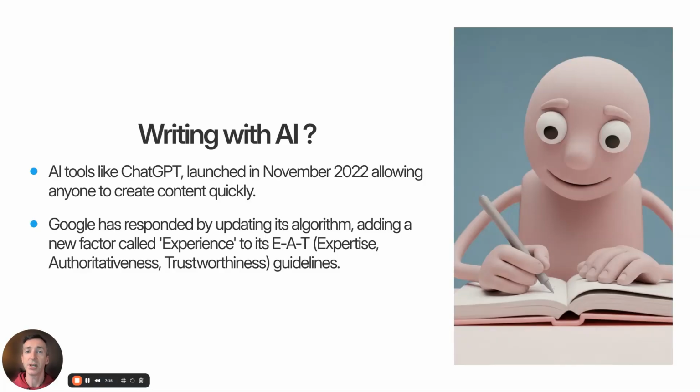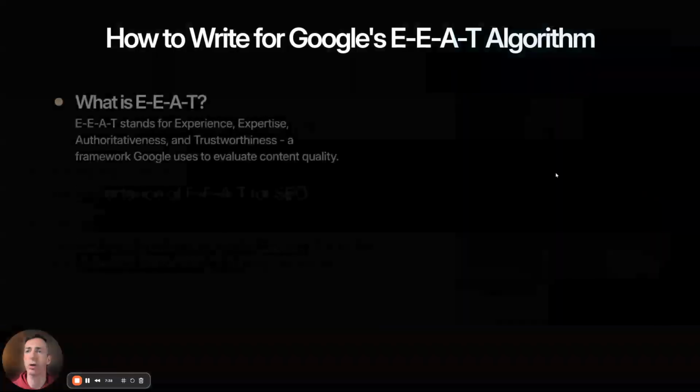Now, it doesn't take a genius to work out that AI cannot write from the point of view of experience. So this was a way for Google to ensure that it was getting real user-generated content in the mix and promoting it over any content that couldn't demonstrate experience. So think about that when you're writing articles or products.